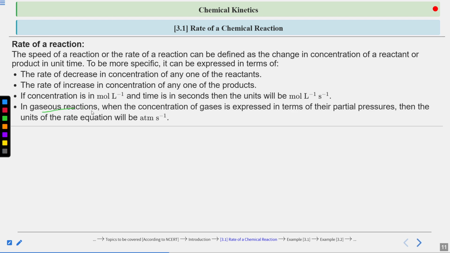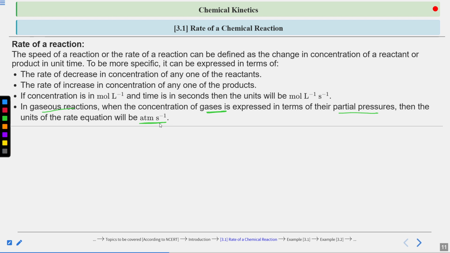In gaseous reactions, that means reactions where the reactant is present in gaseous form, when the concentration of gases is expressed in terms of their partial pressures, then the unit of the rate equation will be atmosphere per second.